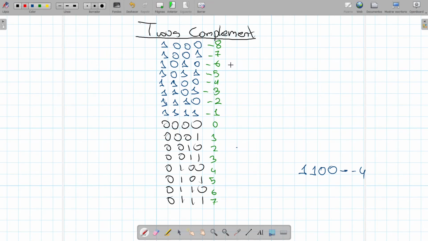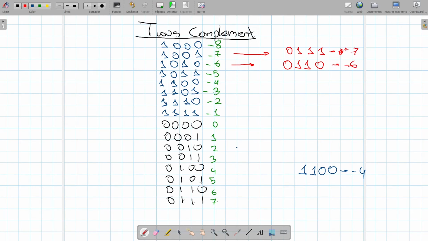So if we have -6, we keep all the digits until we find the 1, and then we change everything else. So that is a +6. If we want to find this one, for example, we keep this and we change everything else. And that is a +7, a -7, and that's it, a -6.